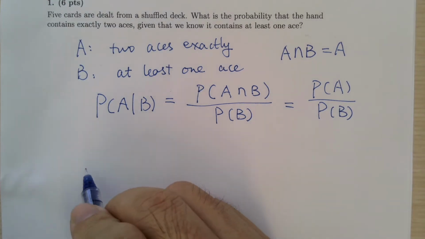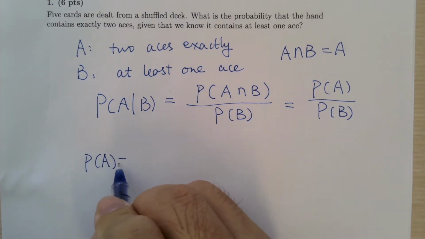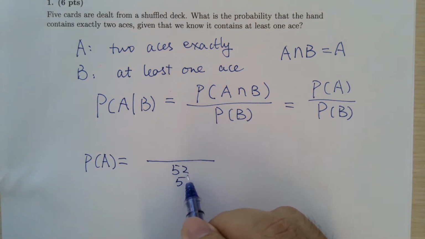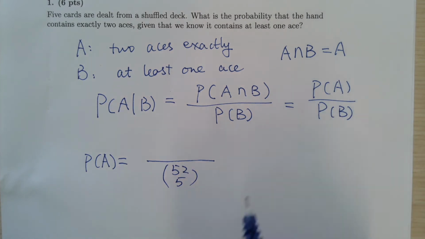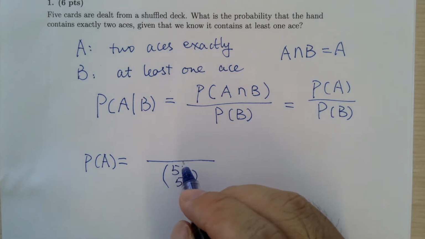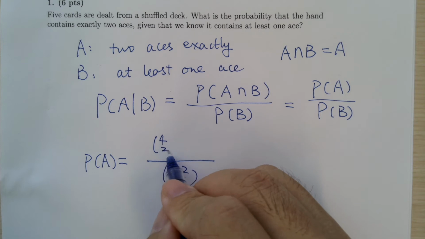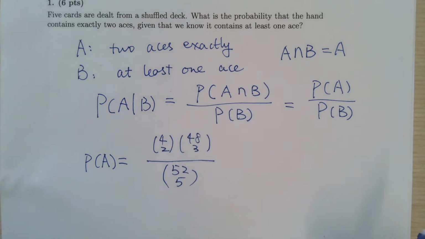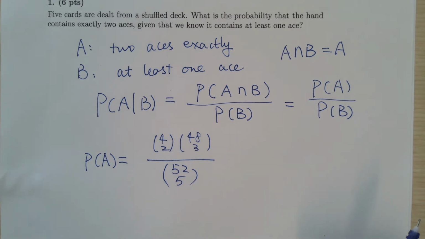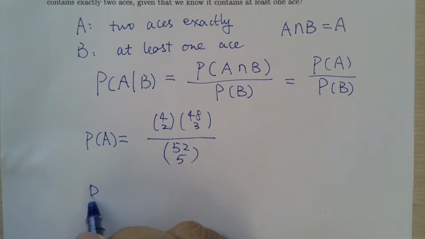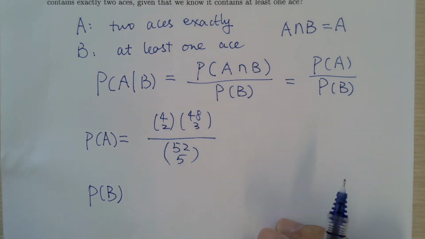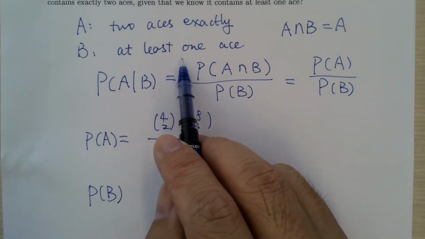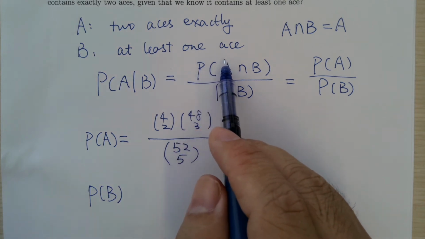Okay. So for the probability of A, on the bottom we're going to have 52 choose 5, right? Since we have exactly 2 aces, it's going to be 4 choose 2 times 48 choose 3, right? So that's the probability of A. Probability of B: we're looking for the probability it has at least 1 ace, right?